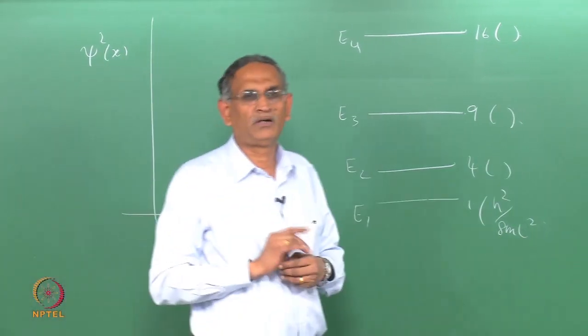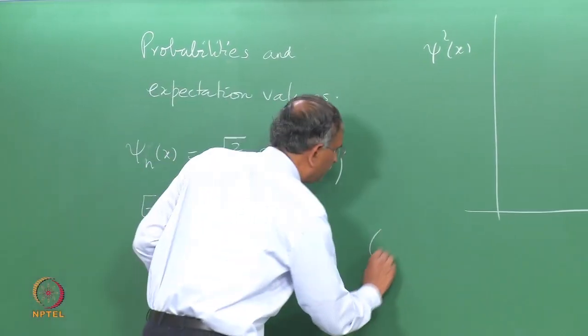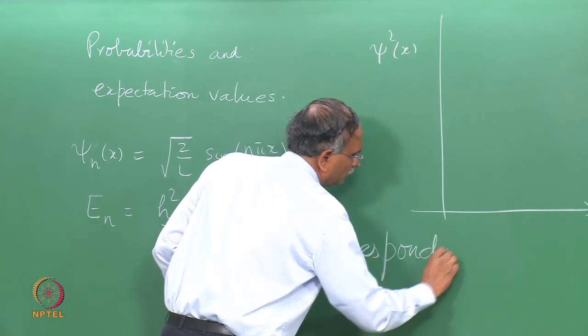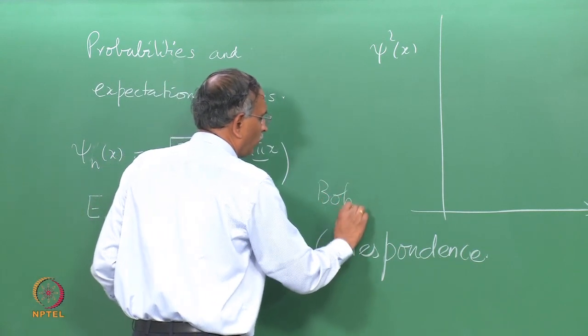So this is an important limit, what one would call the correspondence limit, and it was first considered by Niels Bohr.